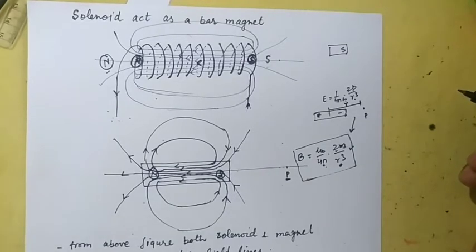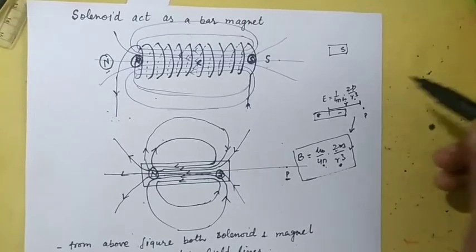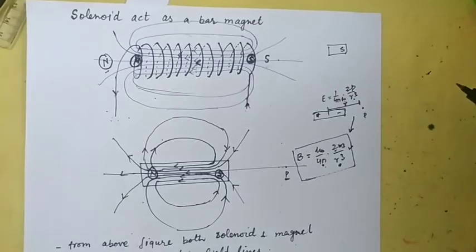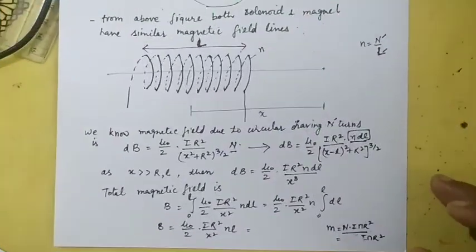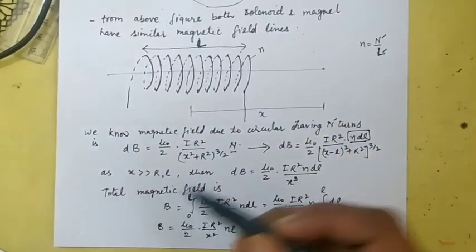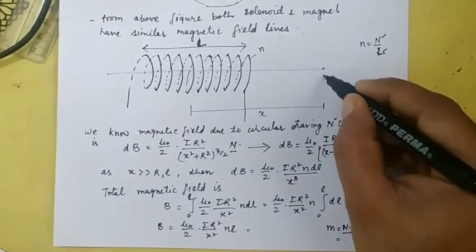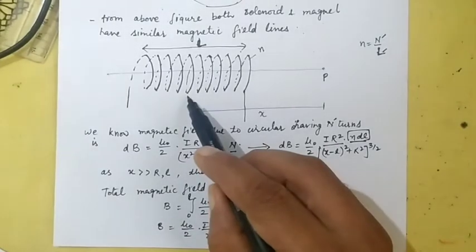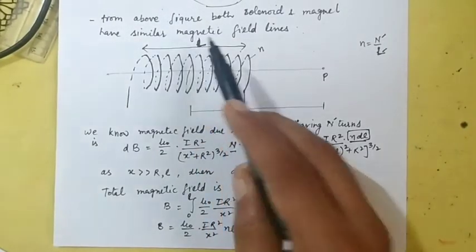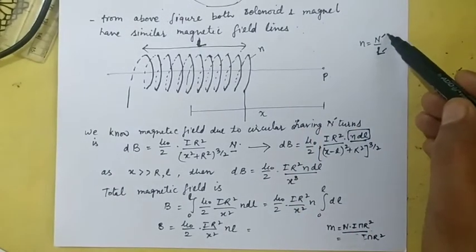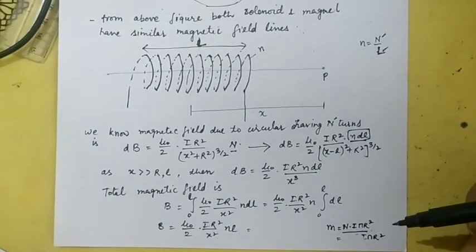Now let us find out the magnetic field on the axis of the solenoid when the point of observation is very far. To find the magnetic field on the axis line of this solenoid at a certain point P, which is very far away, I consider a solenoid having length capital L and number of turns per unit length small n, that is, total number of turns per unit length.